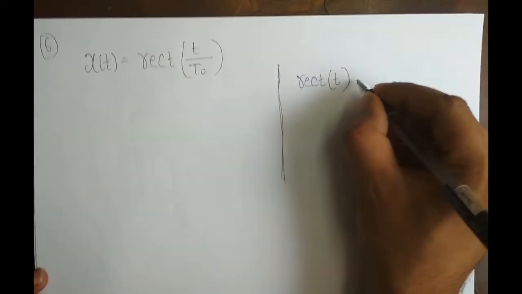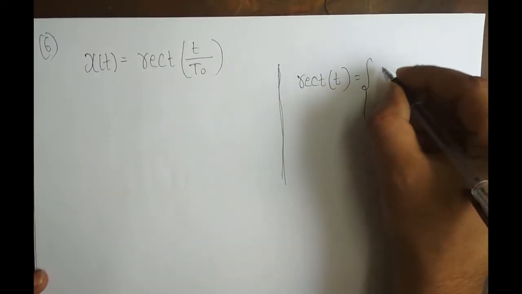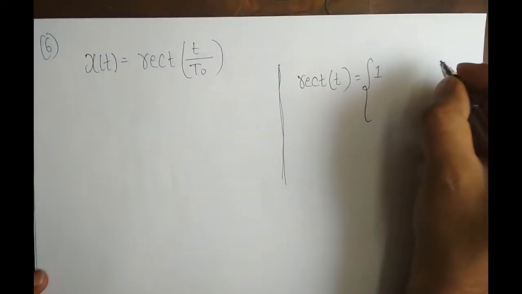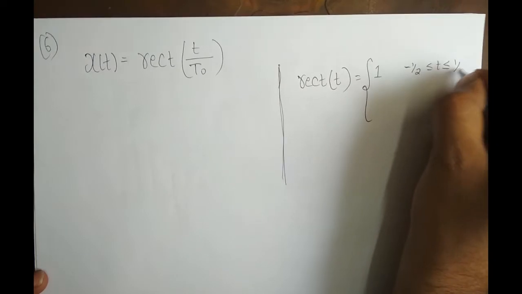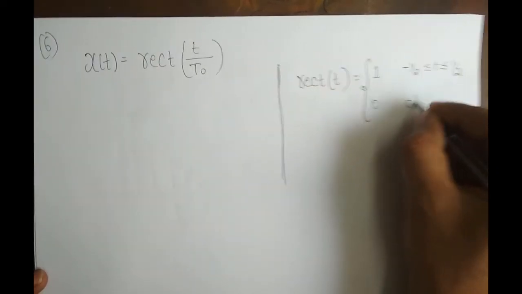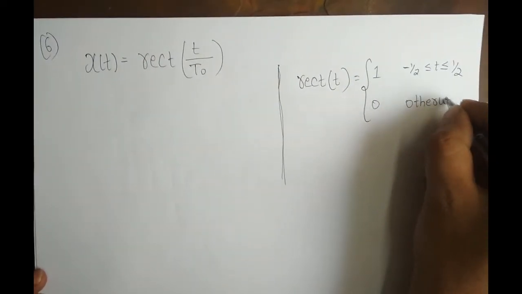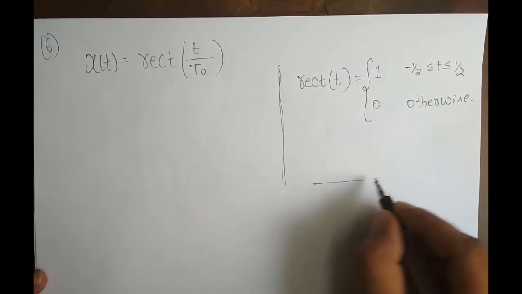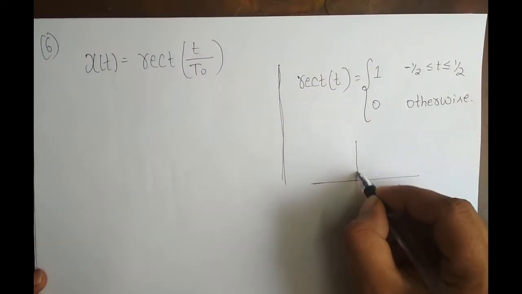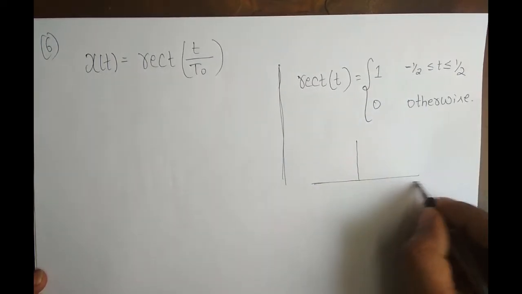RECT of t is defined by, it is 1 for t varying from minus half to half and equal to 0 otherwise. This is what RECT of t looks like in terms of mathematical equation and in terms of graphical representation. So this is our t.